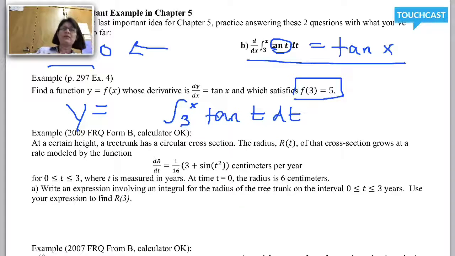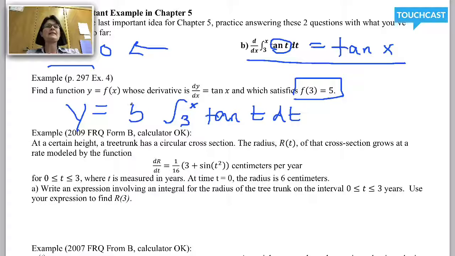The integral from 3 to 3 of anything is going to be 0. That's okay, because now I just made f of 3 equal to 0, but I want f of 3 to equal 5. So what's the only thing I could do to my y function that's not going to change the derivative and can make the output 5 when x equals 3?